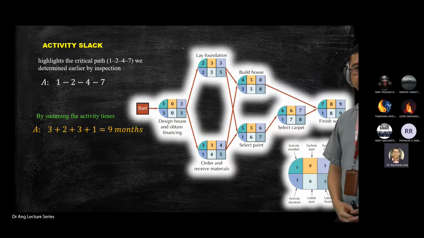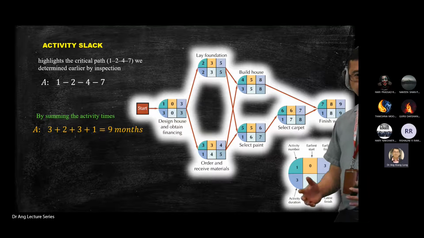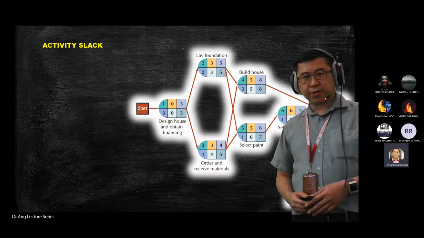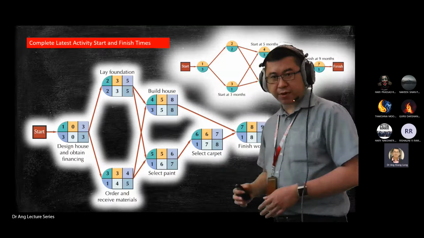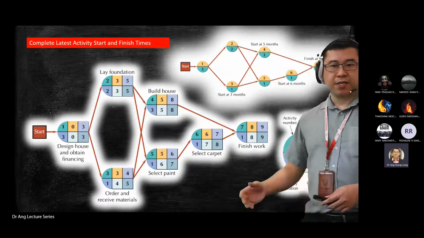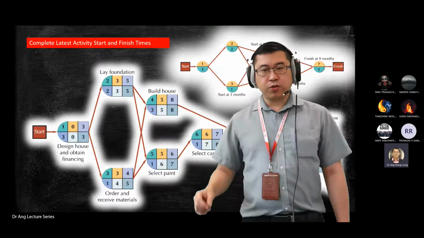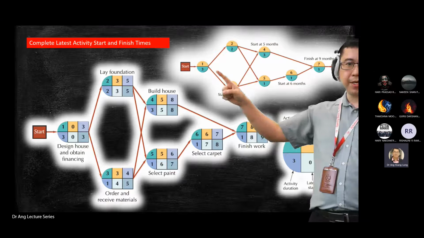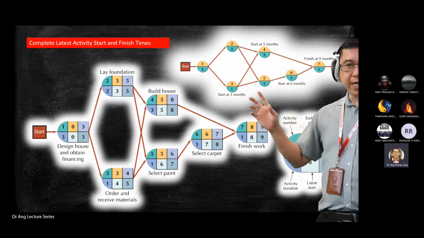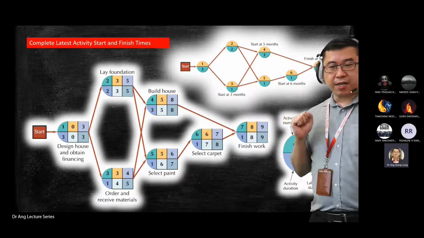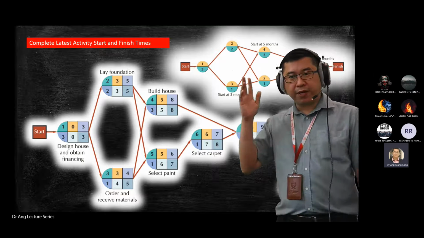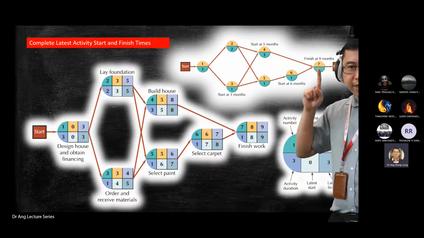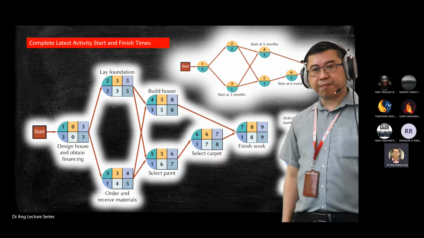Can you observe anything that is special about the pathway? Maybe I reverse back to this diagram, a little bigger so you can see. Earlier, when we did the calculation, we had 4 pathways using this diagram. You still remember, we have A, B, C, D, and you calculate 4 paths. We found out that 1, 2, 4, and the last one, 7, is the critical path.